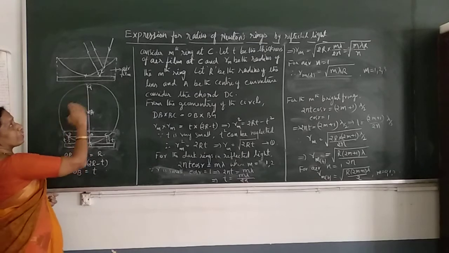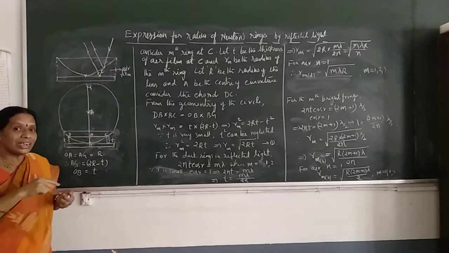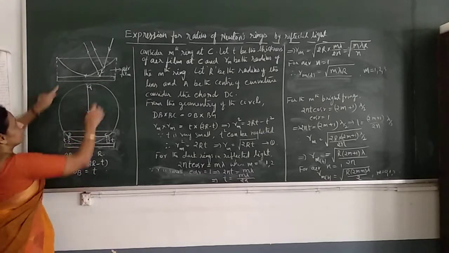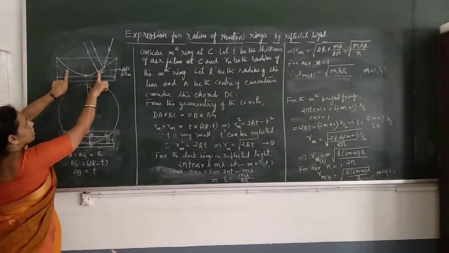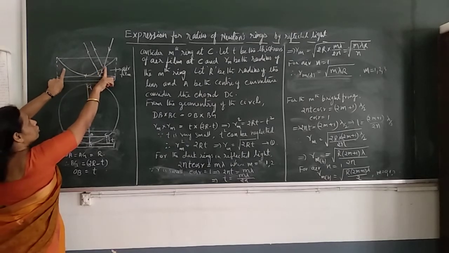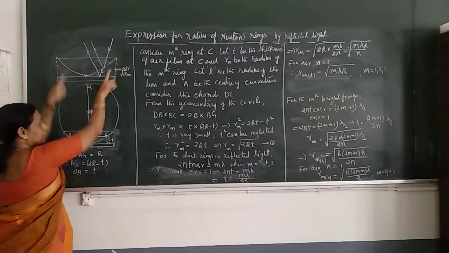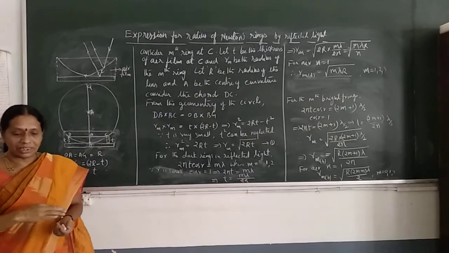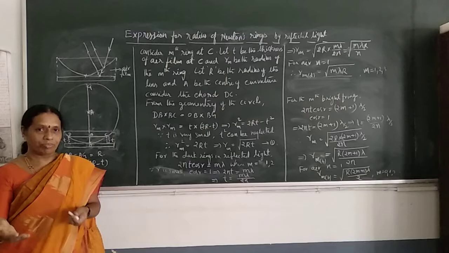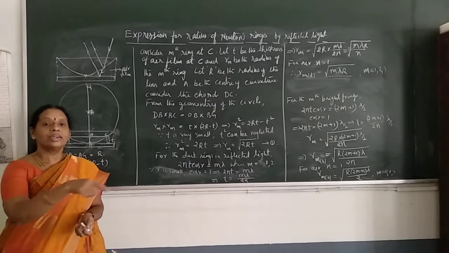As you move on either side, the thickness of the air film increases gradually. If you consider these two points, the thickness is the same; these two points again the same; these two points, the thickness of the air film is the same. This way the thickness increases gradually on either side. That's why the fringes are circular in shape.